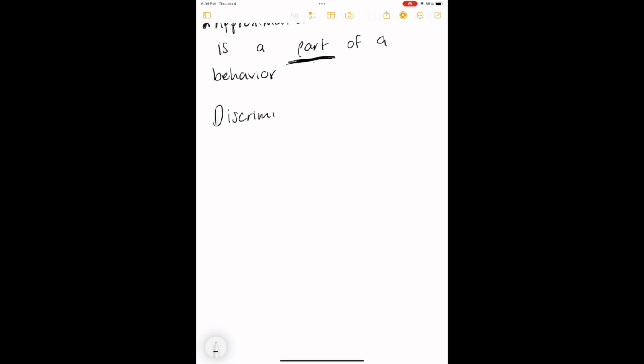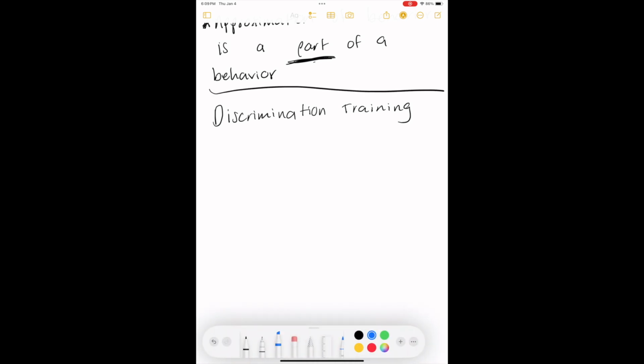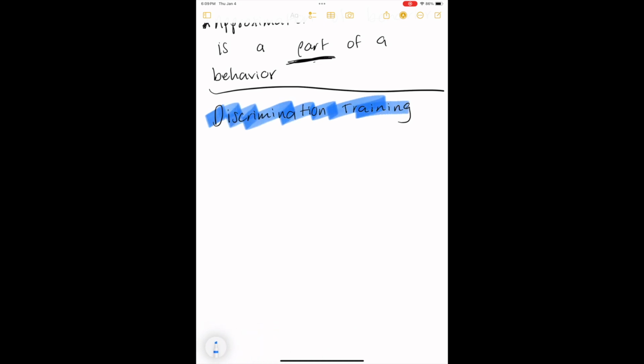What is discrimination? As I'm writing this, think to yourself, what is discrimination? All right, so you may have thought of it in a social way. Discrimination is when somebody discriminates against me. That's part of it, but that's not what it is in ABA.